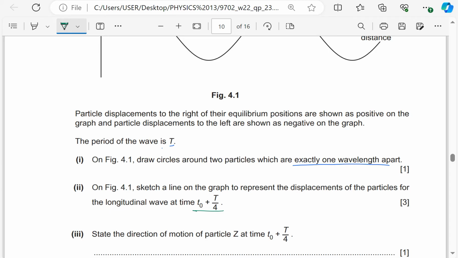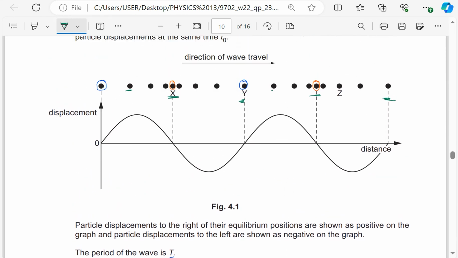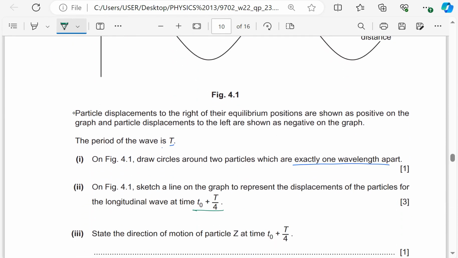So at t equals t naught, particles vibrate to the right to form the next compression. That means the graph is going to be just the mirror image of this one here.